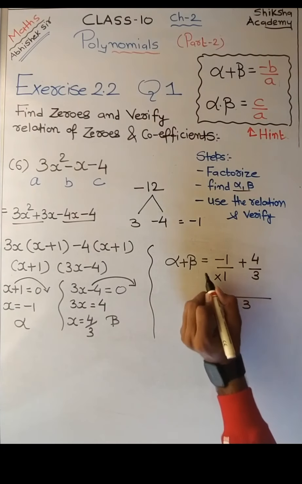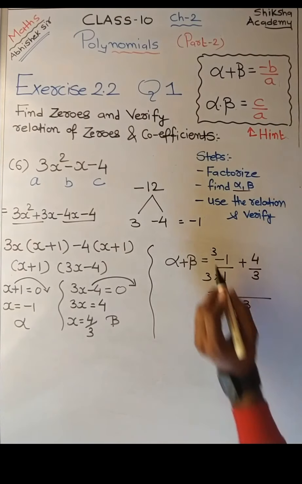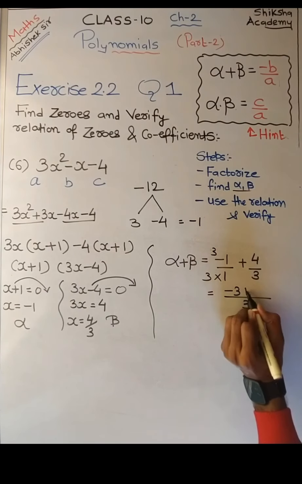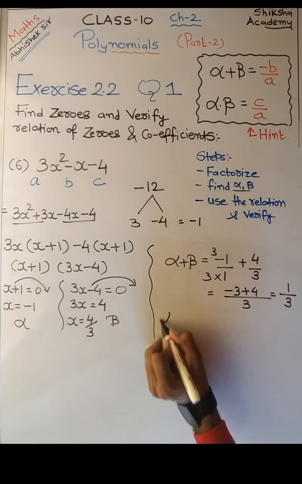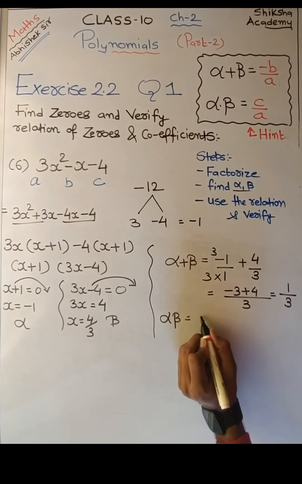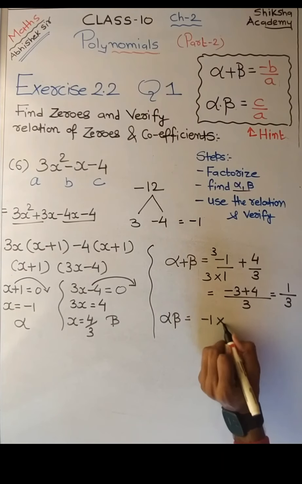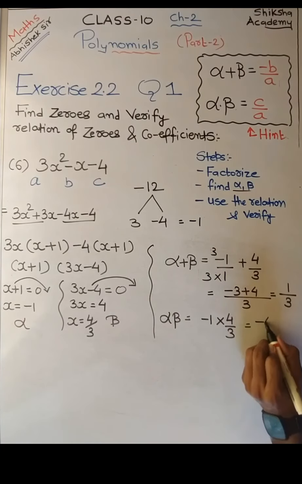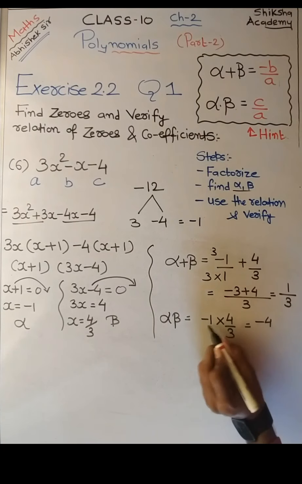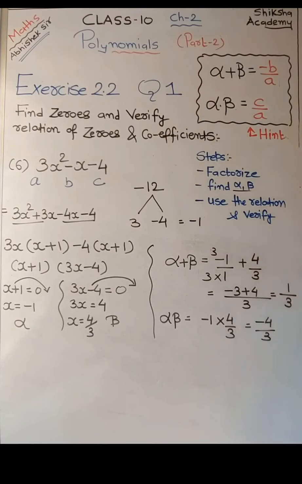We have to multiply this with 3. So 3 into minus 1 is minus 3, plus 4. Final answer we have got is 1 upon 3. Alpha into beta is minus 1 into 4 upon 3. So no cancellation, we'll write minus 4 upon 3.